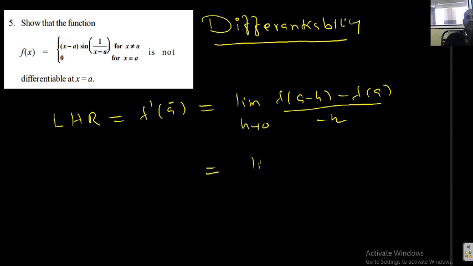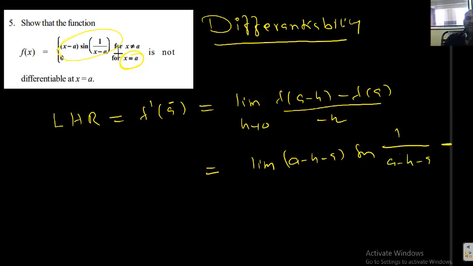So f of a minus h, using the rule, put a minus h instead of x: a minus h minus a into sine of 1 by a minus h minus a. Minus f of a, which is 0, by minus h, as h tends to 0. So a gets cancelled.